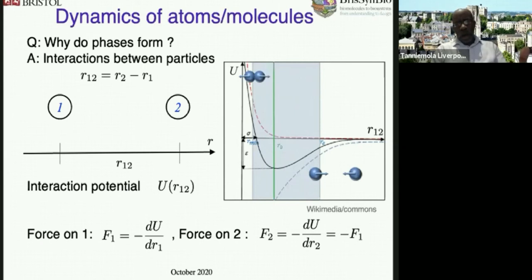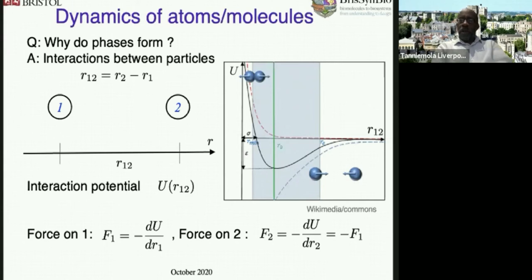For lots of particles, by this I mean atoms and molecules, there is a range of distances where the particles feel an attractive force. This is essentially what leads to the different phases. This can be encoded in a function, which we call the interaction potential, whose derivative, the gradient, determines the force.